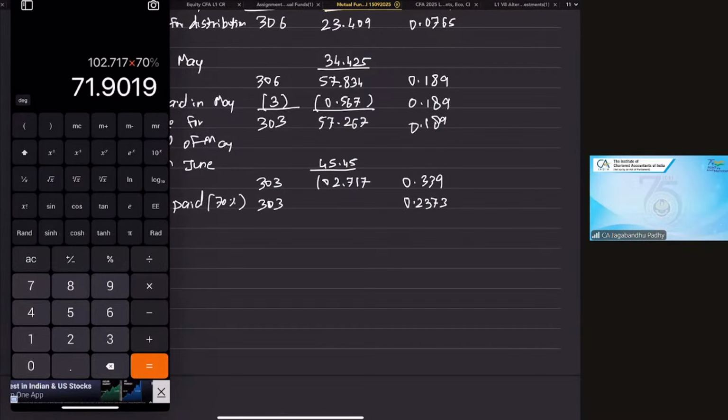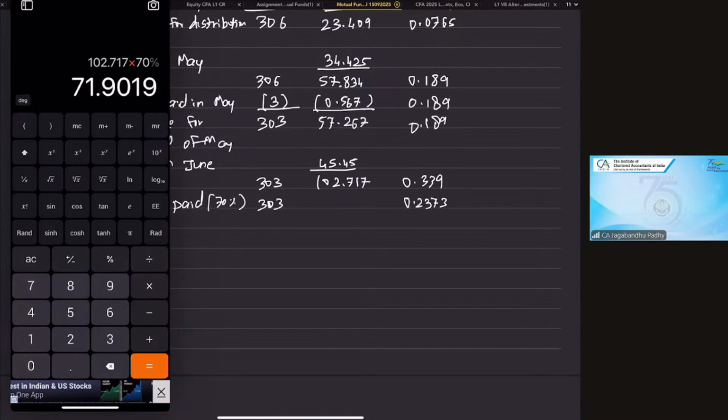Right? So what is the balance left out, which can be paid at a future date? 30.8151, and per unit basis it is 0.1017. Yes, sir. Okay.